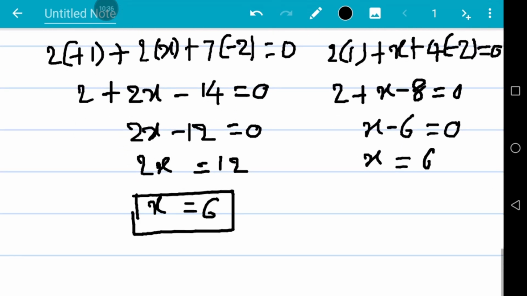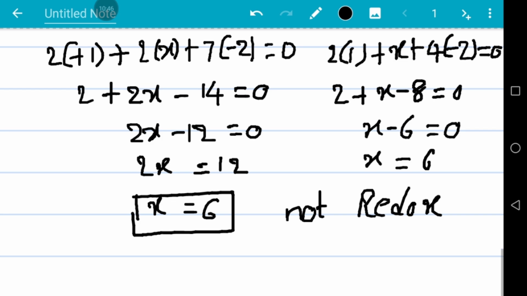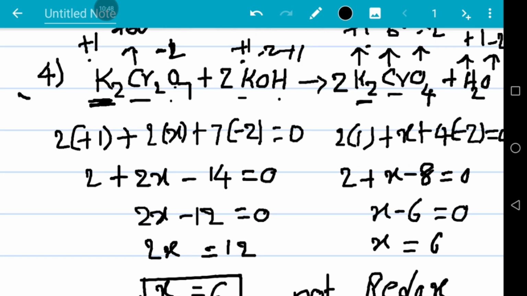So no oxidation and reduction takes place, and that is why it is not a redox reaction. In the question they are asking which is not a redox reaction, so option number 4 is the correct answer.